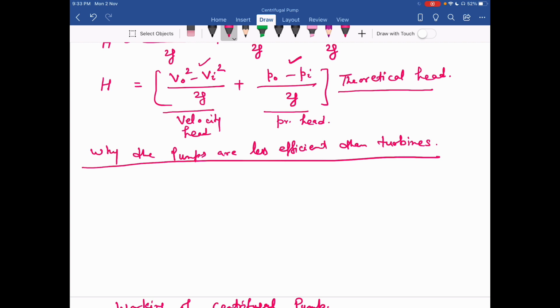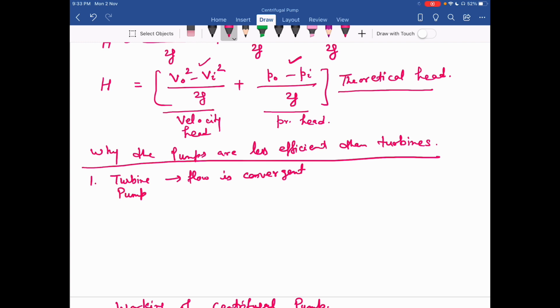Now the first is the type of flow in a pump differs from that in the turbine. In case of turbine, the flow is convergent.